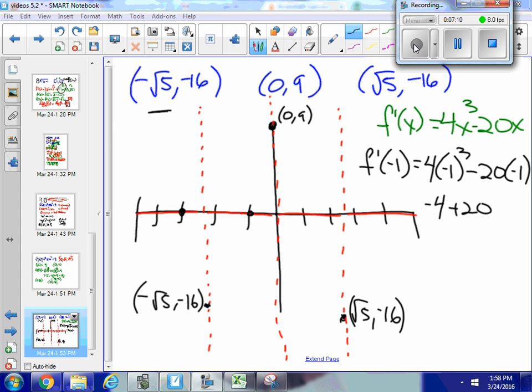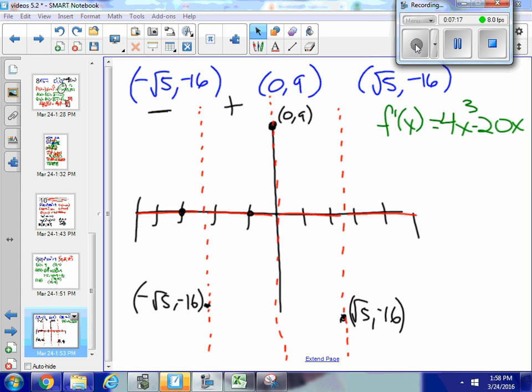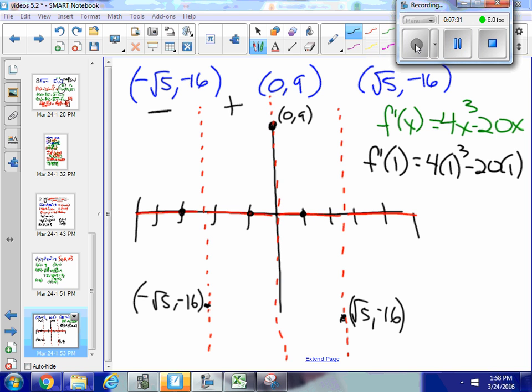So in this interval, my slope is going to be positive. Let's move over to the next interval. Let's do it at the point x equals 1. So f prime of 1 is equal to 4 times 1 cubed minus 20 times 1. Well, I can see pretty clearly that that is going to be a negative value.